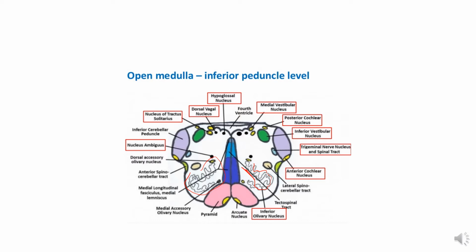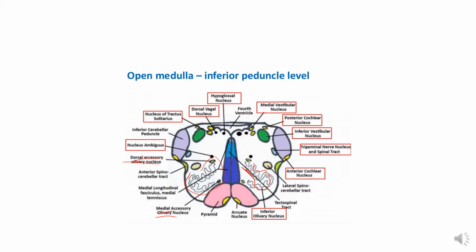It is responsible for the elevation on the surface of the medulla called the olive. Smaller dorsal and medial accessory olivary nuclei are also present. Here you can see the medial and dorsal accessory nuclei.